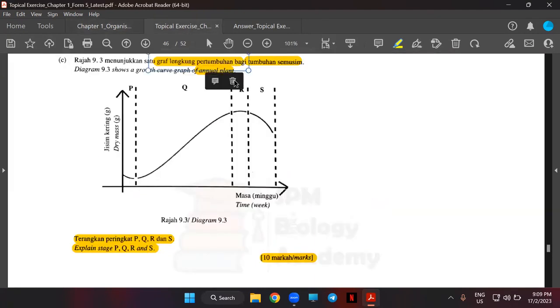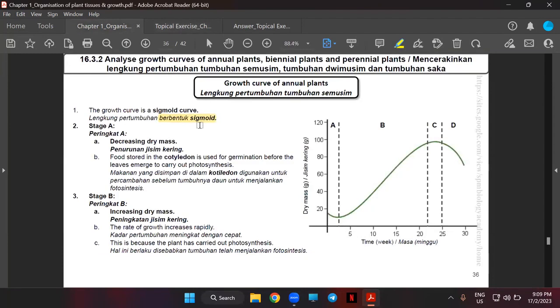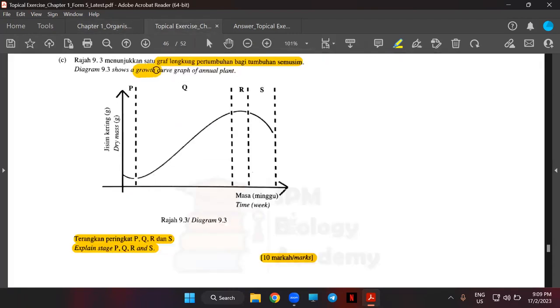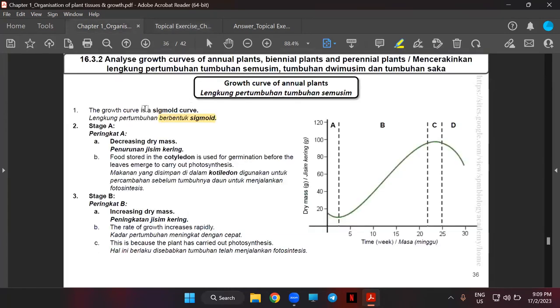Saya ambil daripada soalan. 1 mark. You get 1 mark already. The growth curve graph of annual plant is a sigmoid curve. You dapat 1 markah. You name the curve. Baki lagi 9 markah.